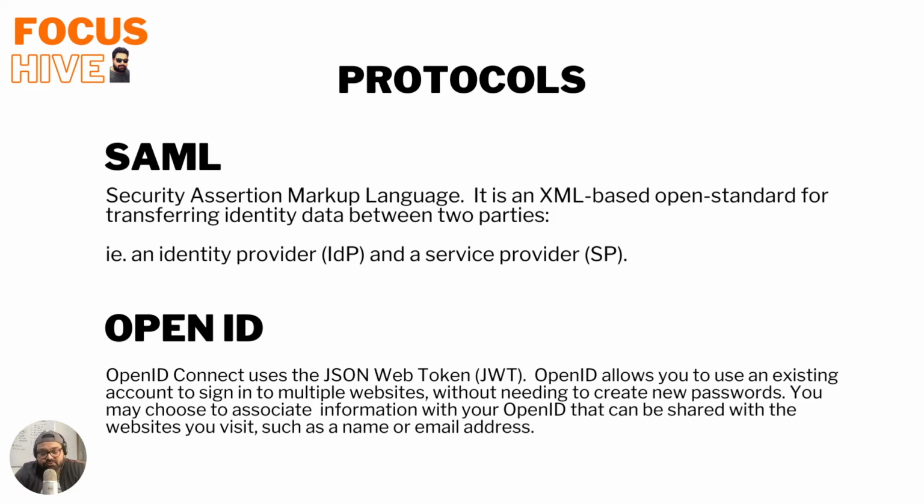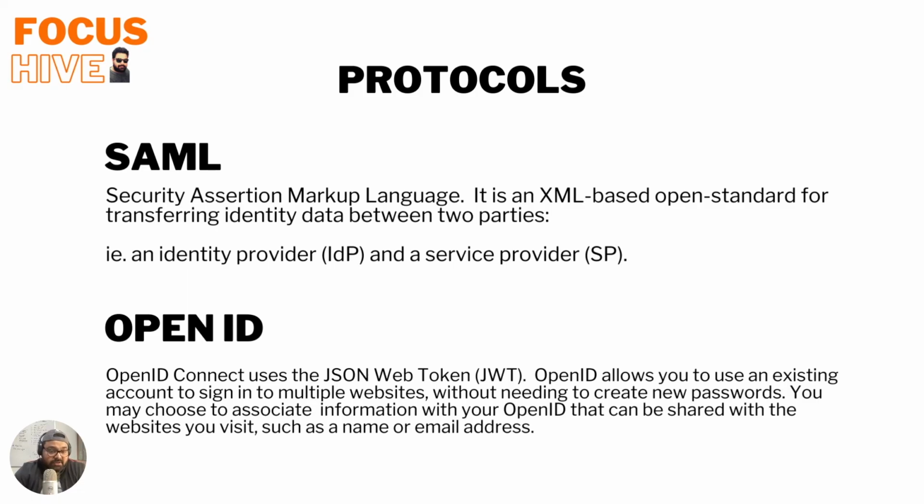SAML is mostly used within the corporate environment, like whenever you're in office or any corporate network, SAML will be used. There is another kind of protocol which is OpenID.